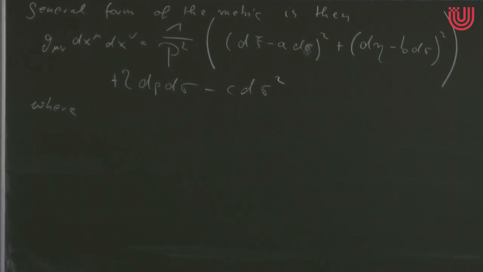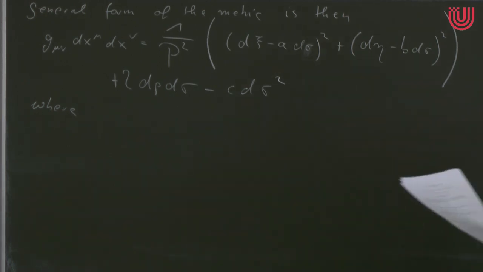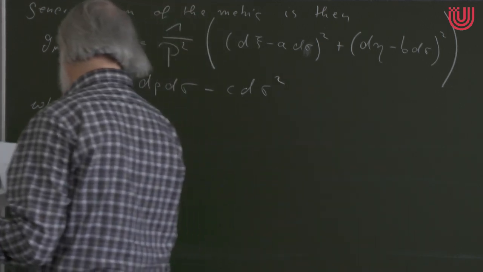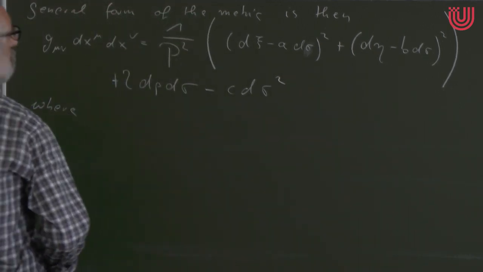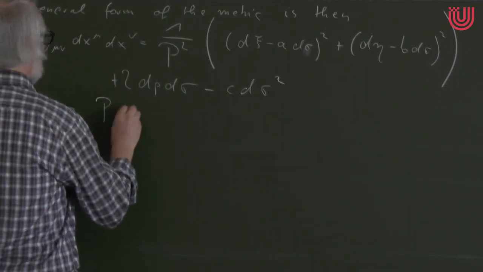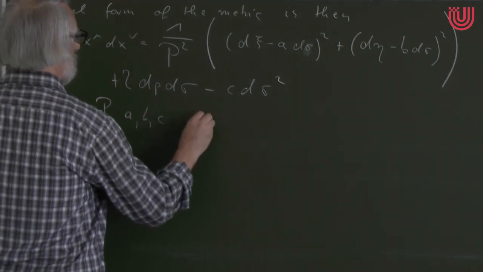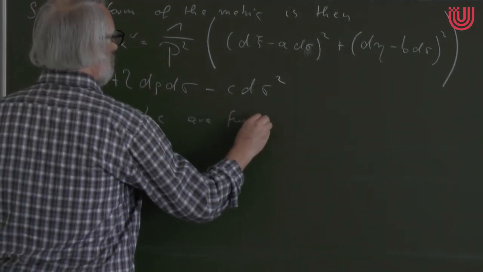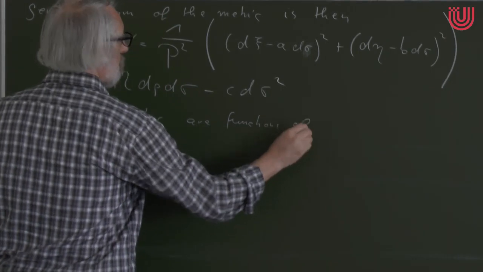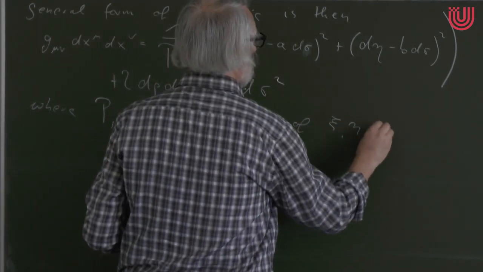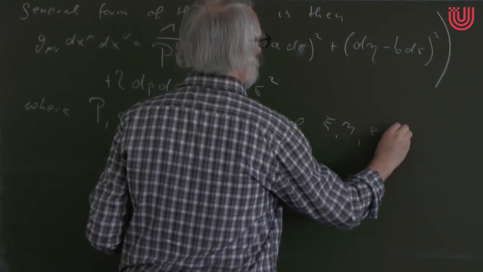And at the moment, I think they depend on all 4 of them. This comes later, that we specify this dependence. So P, A, B, C are functions of psi, eta, rho, and sigma.